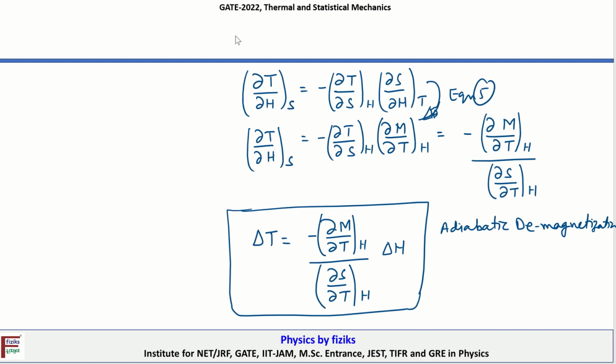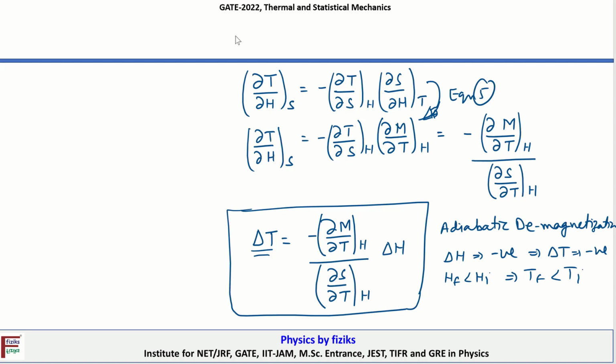So we have the change in temperature: when delta H is negative, this implies delta T is also negative. This means when H final is smaller than H initial, T final is smaller than T initial. The final temperature is lower than the initial temperature.